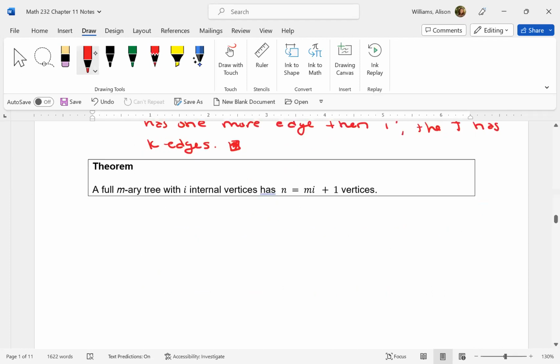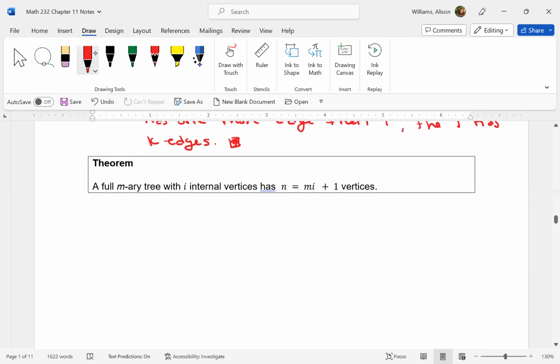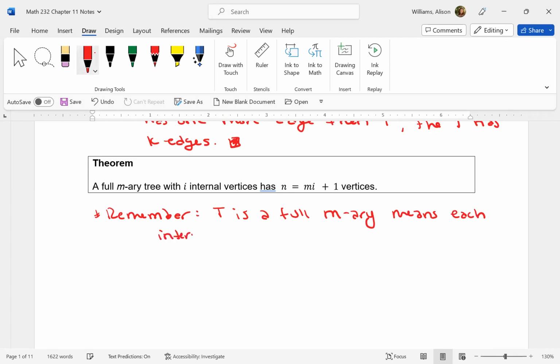All right. A full M-ary tree with i internal vertices has n equals m times i plus 1 vertices. Remember, I'm just going to state this really quick, that T is a full M-ary tree. What that means is that each internal vertex, those are the ones that have children, has M children.